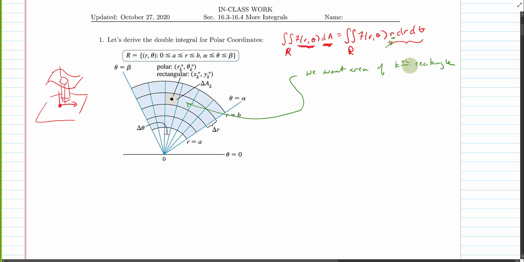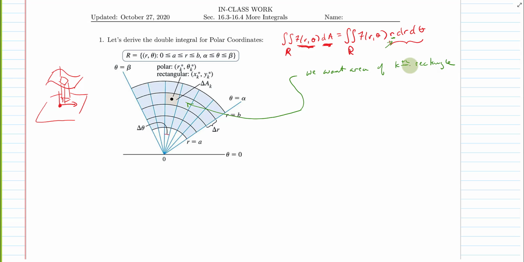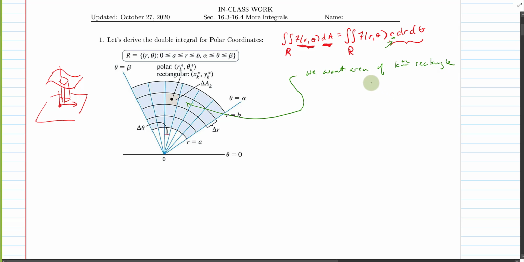I said before that this isn't really a rectangle, and I kind of want to exaggerate it slightly. So maybe we could make the region look something like that. So this is what I'm calling the kth rectangle.